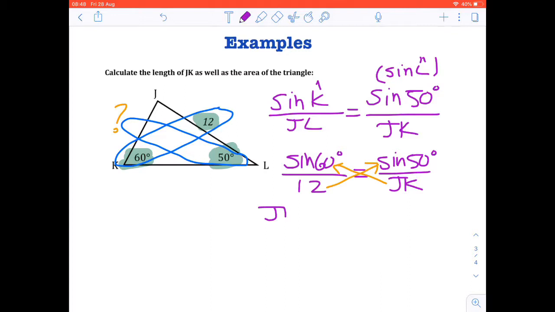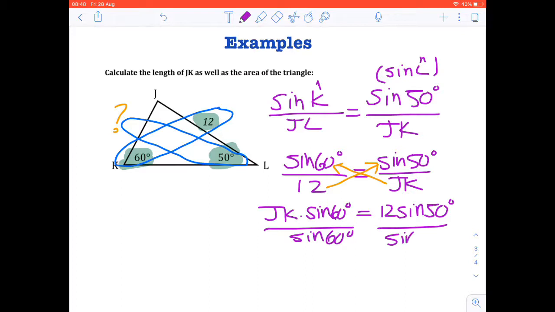So JK times sine of 60 equals 12 sine 50. We want to get JK by itself, so we divide both sides by sine of 60. And then we have JK equaling 12 sine 50 over sine 60.